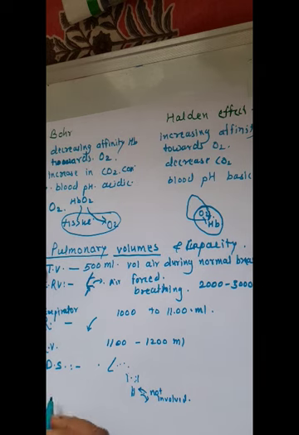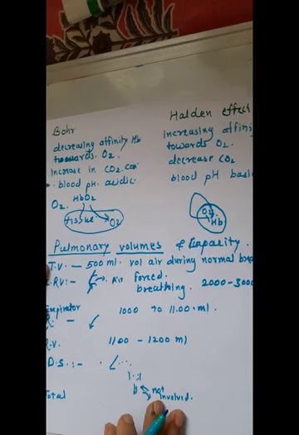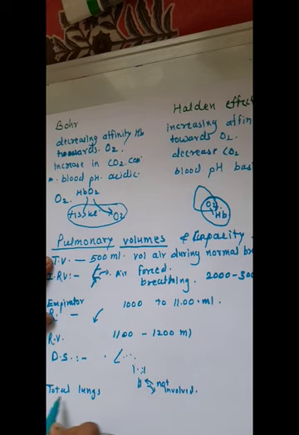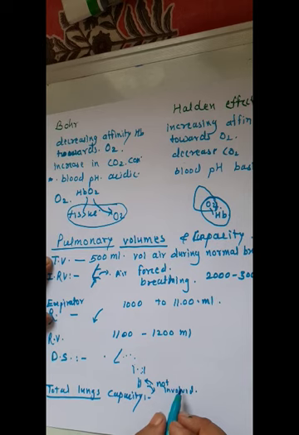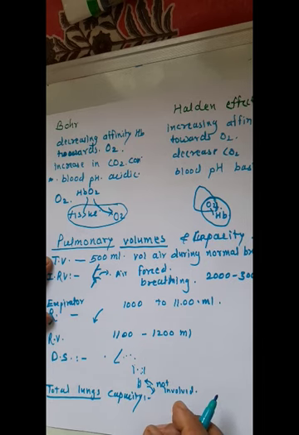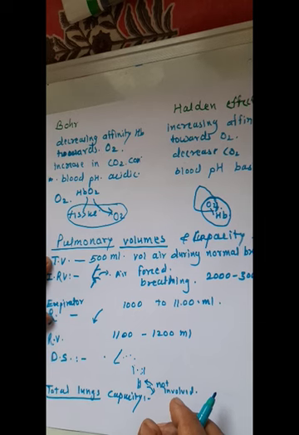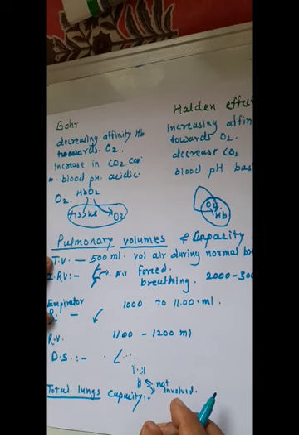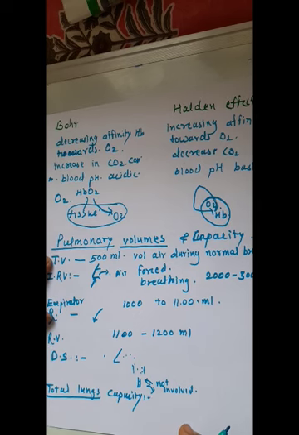Then the total lung capacity. Total lung capacity means the maximum amount of air that the lungs can hold after the maximum forceful inspiration. When you take a long breath, how much quantity of air is held by the lungs.